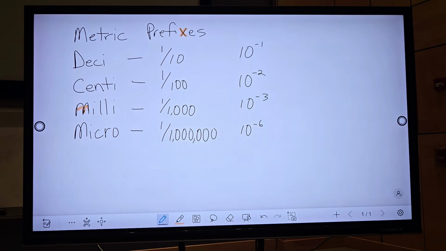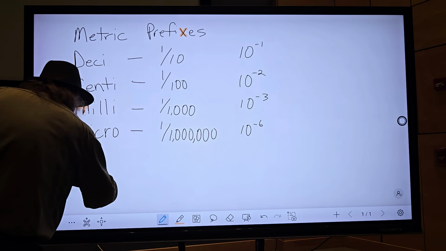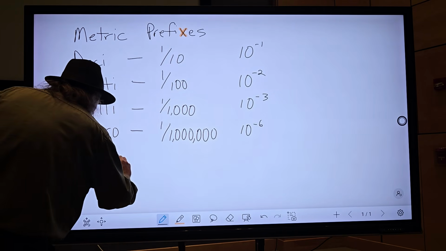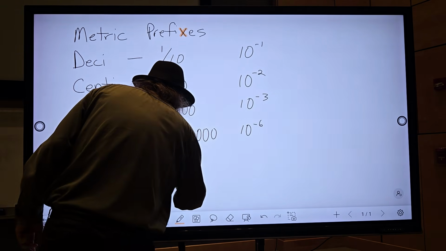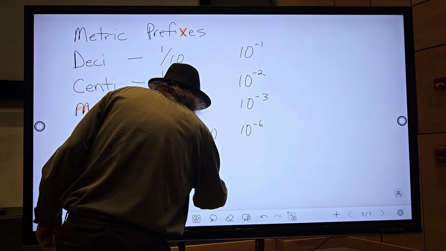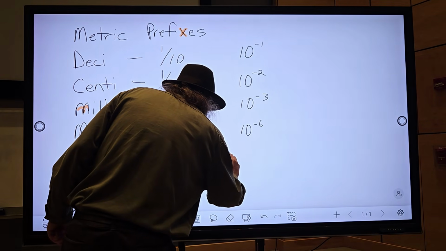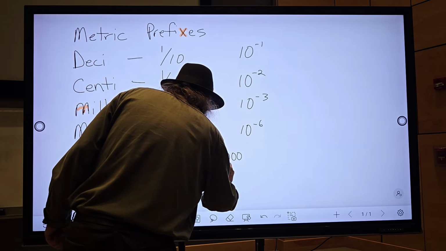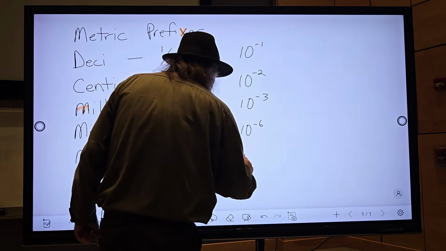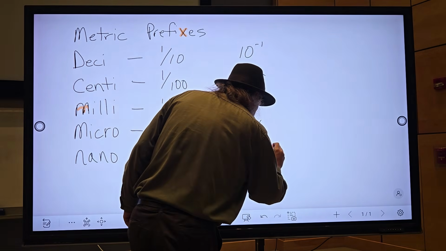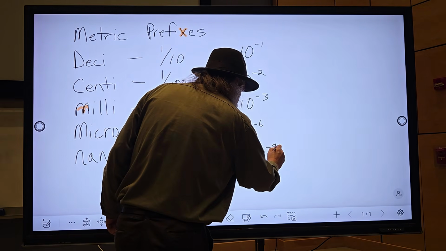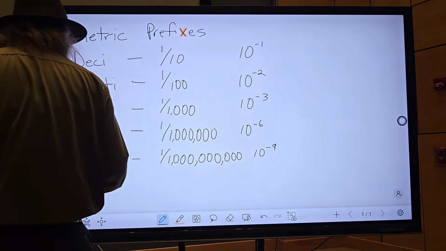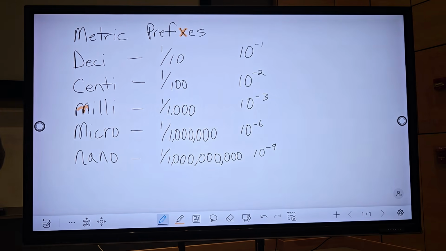Next one, nano. It's one billionth, 10 to the -9. As I let slip, one unit you might run into is nanometers.